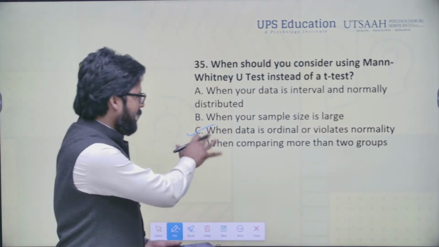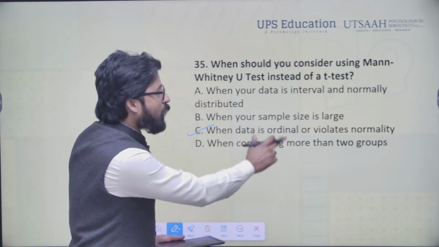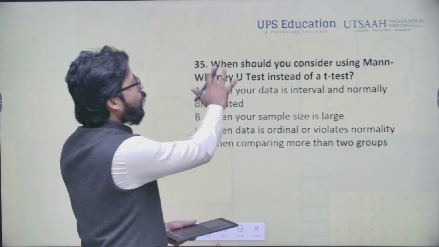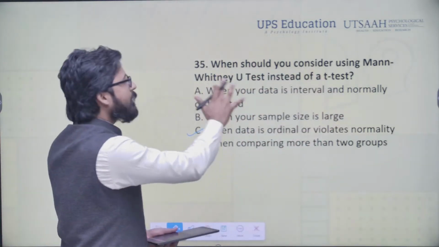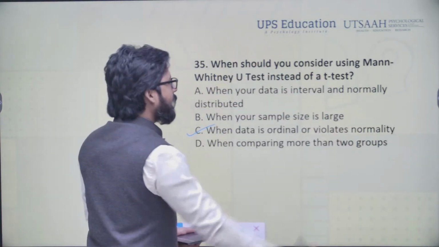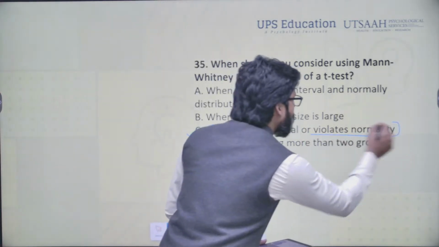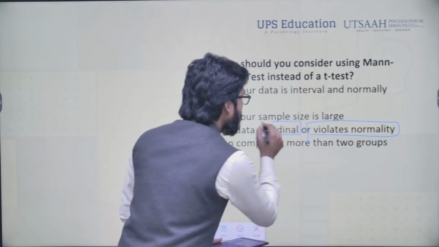Here you can see, when data is ordinal or violates normality. I'm choosing it because they are asking when should you consider using the Mann-Whitney U test instead of the t-test. So we will use it when normality is violated or if there is ordinal data.